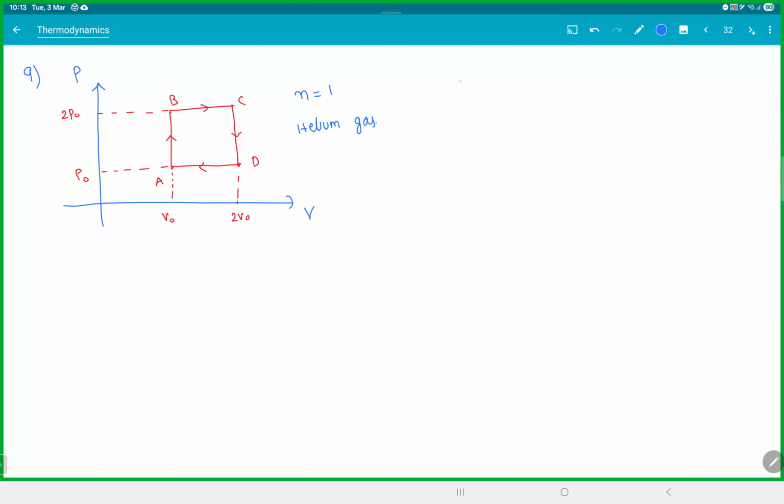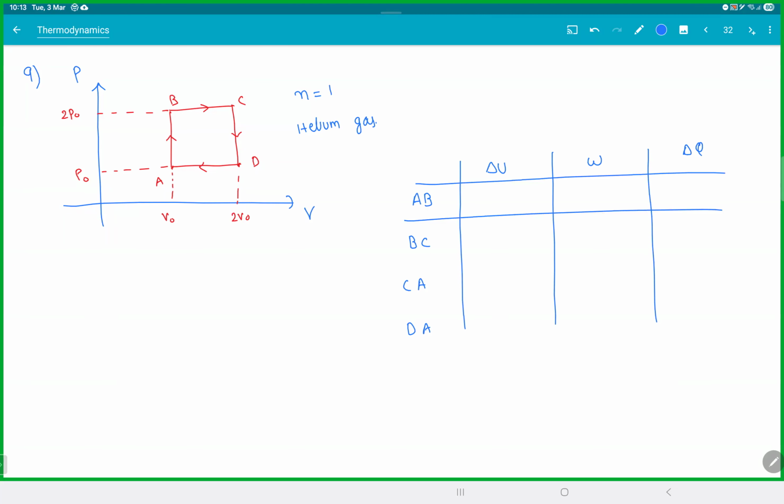So what I want you to do: for AB, BC, CD, DA, find delta U, the work done, and delta Q. Fill up this table.